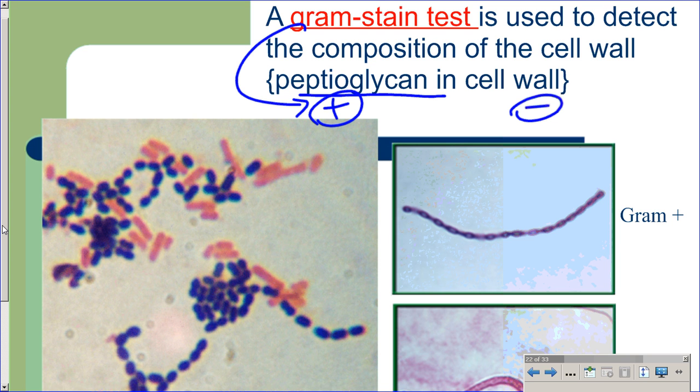Okay? So if it's positive, what do you think the Gram test is saying yes to? It has peptidoglycan. I always murder that word. It has the peptidoglycan in the cell wall. If it's negative, no, it does not have it in the cell wall.